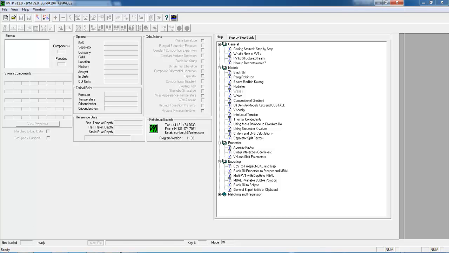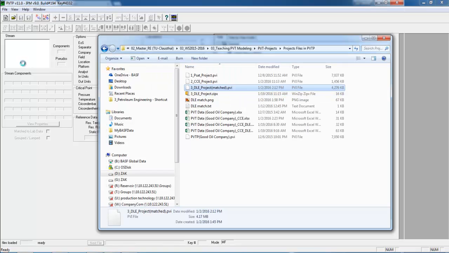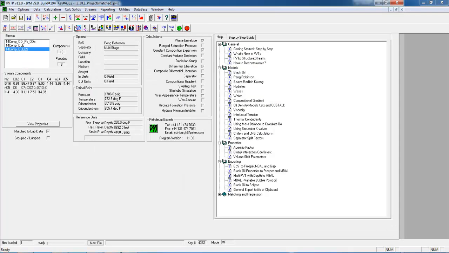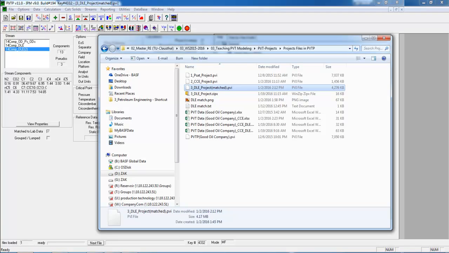Okay. So to me, I have tried to match the DLE data, and now I will start, before starting separator test. As I've said before, you need to evaluate your step before and after each procedure.